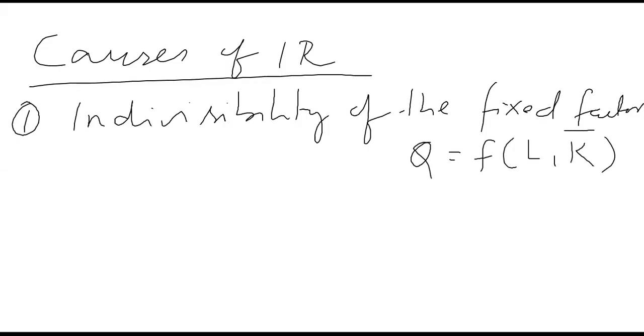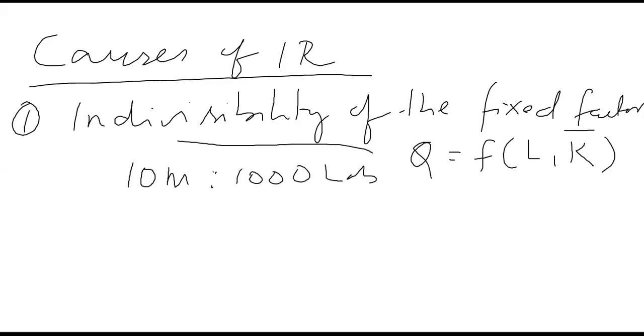We have taken an example where 10 machines have a ratio with, suppose I say, 1000 labor units. This is the maximum capacity of this production unit. If you are surpassing this 1000 labor units, then you are creating an imbalance between the fixed and the variable factor.